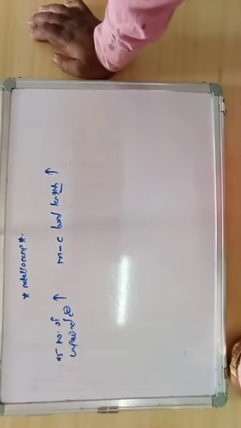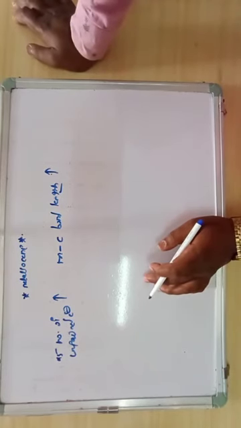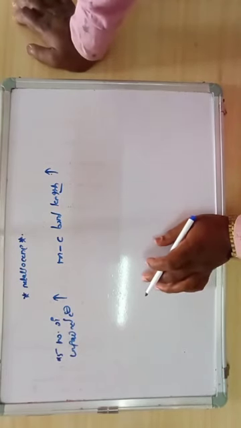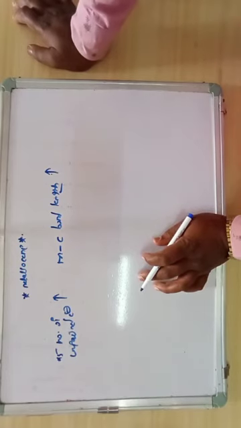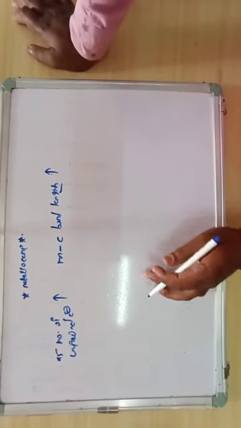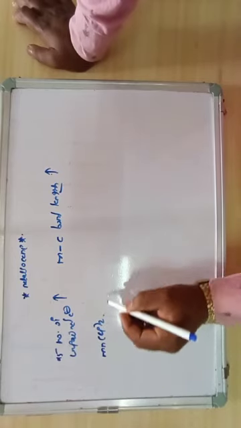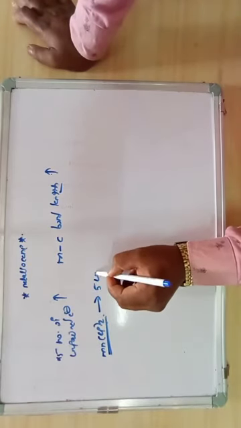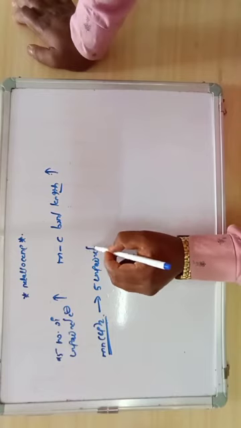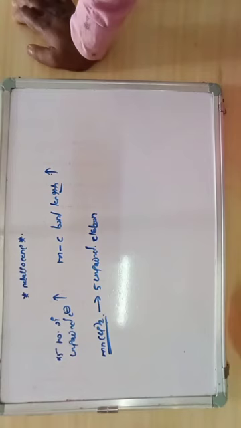If you consider all these metallocenes, in which metallocene is the number of unpaired electrons highest? MnCp2 contains 5 unpaired electrons as compared to all other metallocenes.